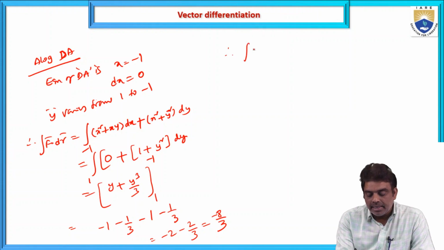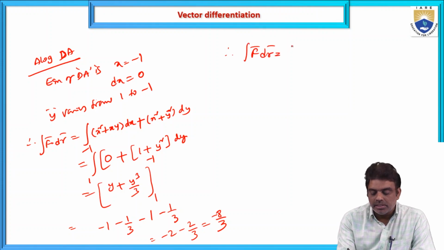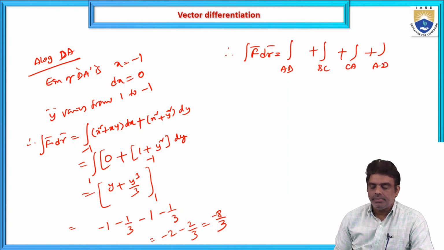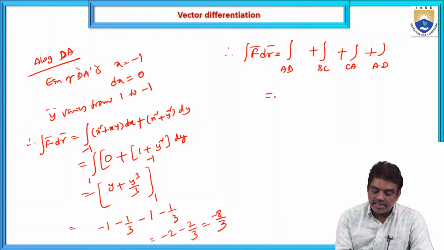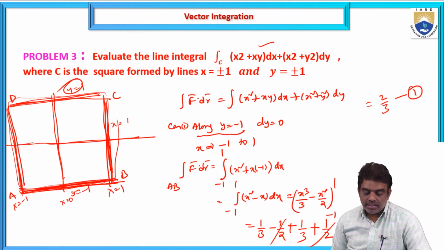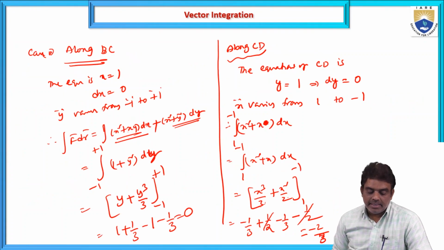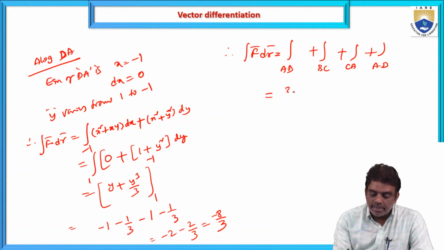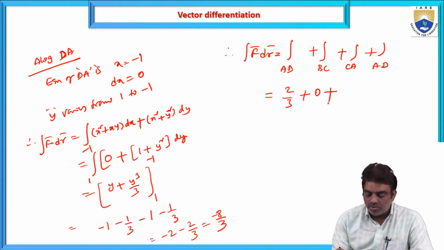Therefore, integral f bar dot dr bar is equal to the integral along AB, along BC, plus along CD, plus along DA. So what is along AB? The line integral we have already evaluated. The line integral along AB is equal to 2 by 3. The second one is 0.